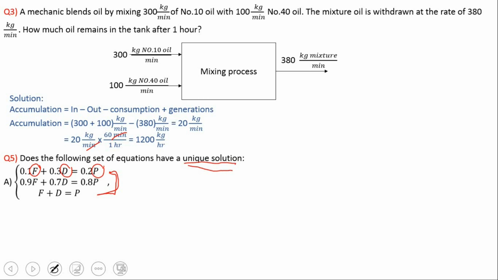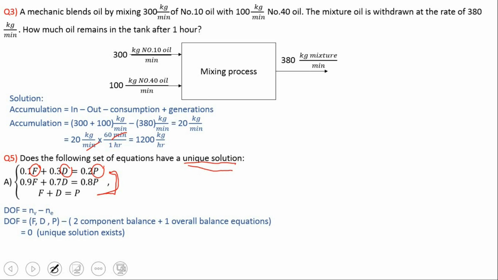If we do the degree of freedom analysis, we can see that we have 3 unknowns and 3 equations. So a unique solution is possible.